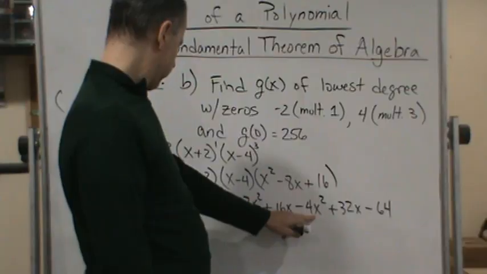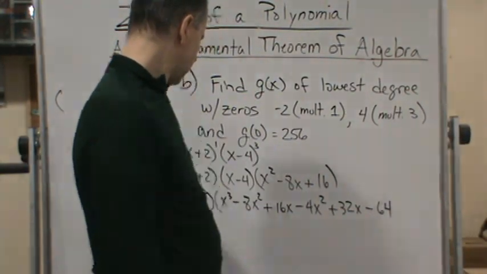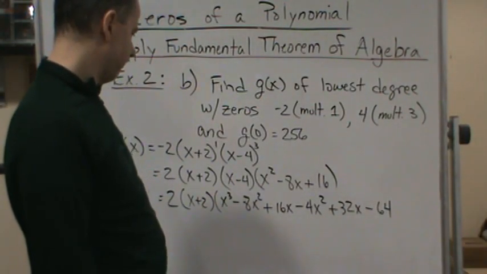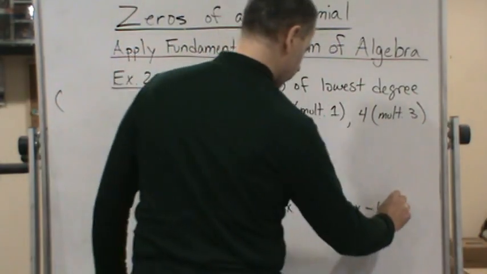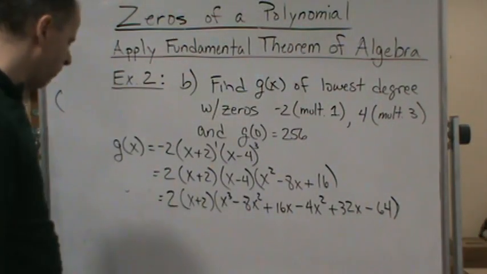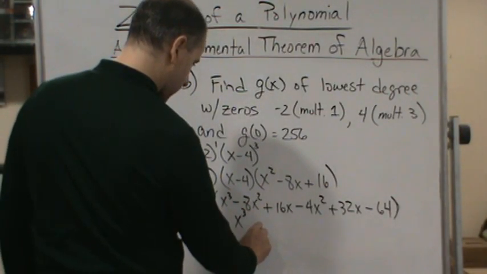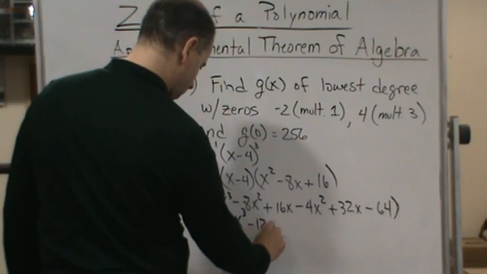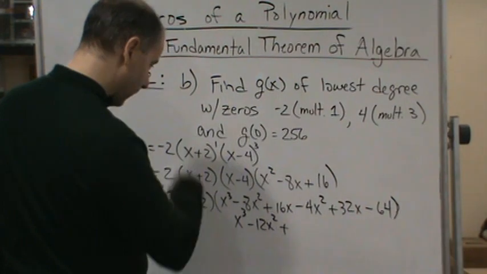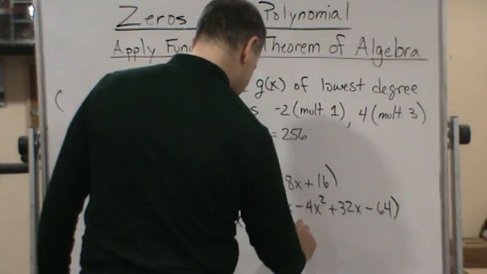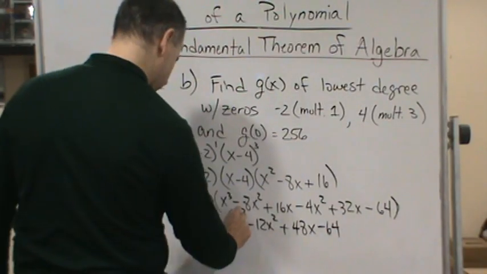So -4x squared plus 32x minus 64. Okay. And then of course this gives us x cubed minus 12x squared plus 48x minus 64.